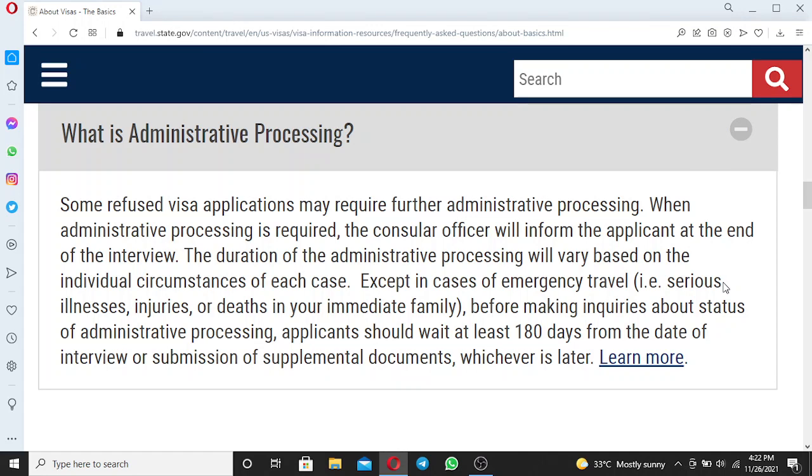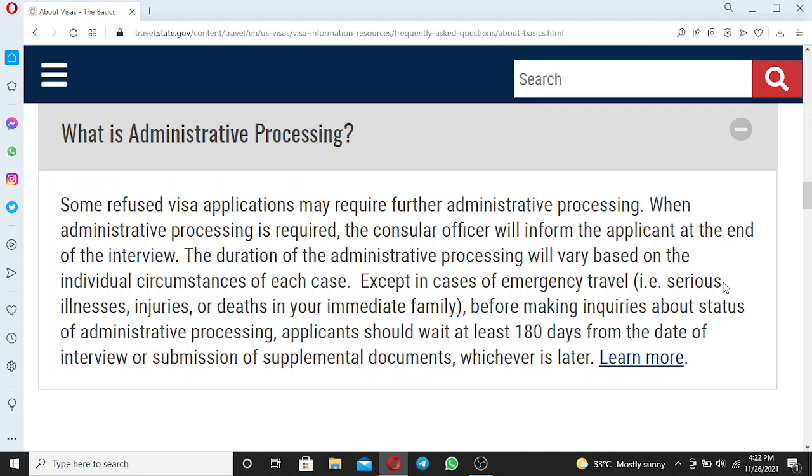And when you have been put into administrative processing, it means the consular officer will inform the applicant at the end of the interview that your case is on administrative processing. Maybe you will be required to bring more proof of the required documents.